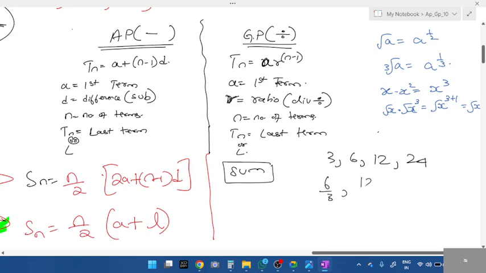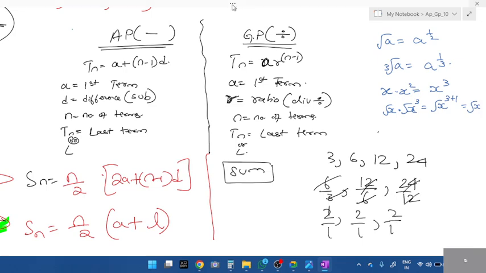Next, which one do you have to divide? 12 divided by 6. After that, 24 divided by 12. The ratio is 2 for everything. 2 is to 1. Response, students. Isn't it 2 is to 1? Yeah, 2 by 1. For everything it is 2 by 1.